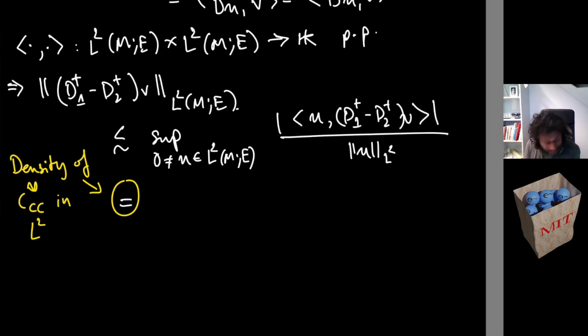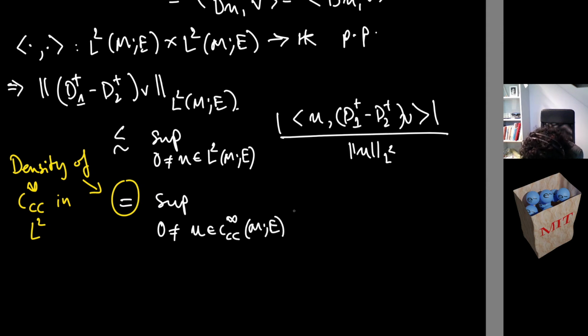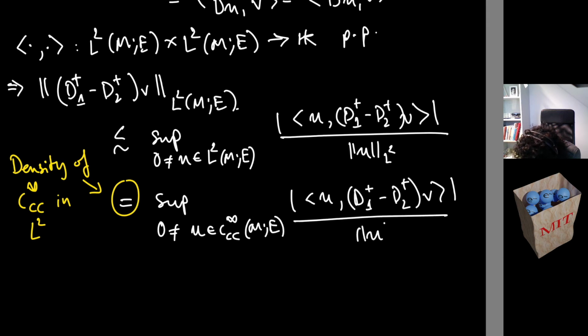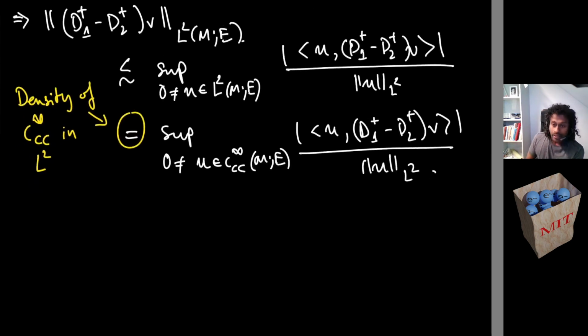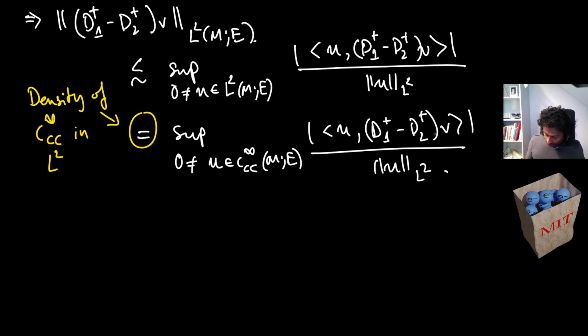Okay, so now instead of looking at U in L2, I can look at non-zero U in C infinity CC of M of E, the inner product of U with D1 minus D2 of V, divided by the norm of U in L2. And what this precisely means, we already know this, right?